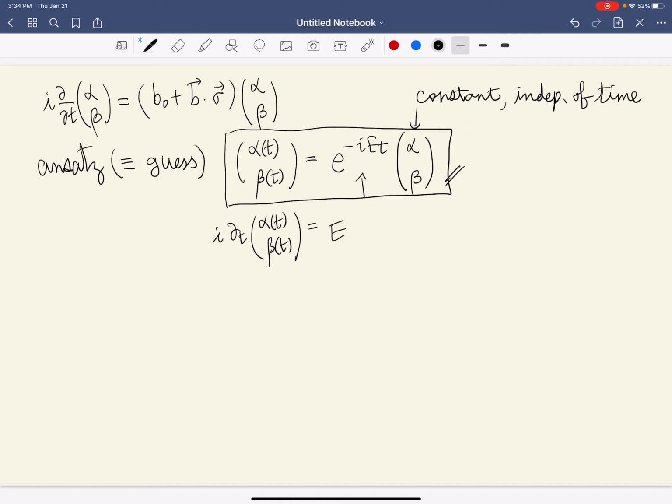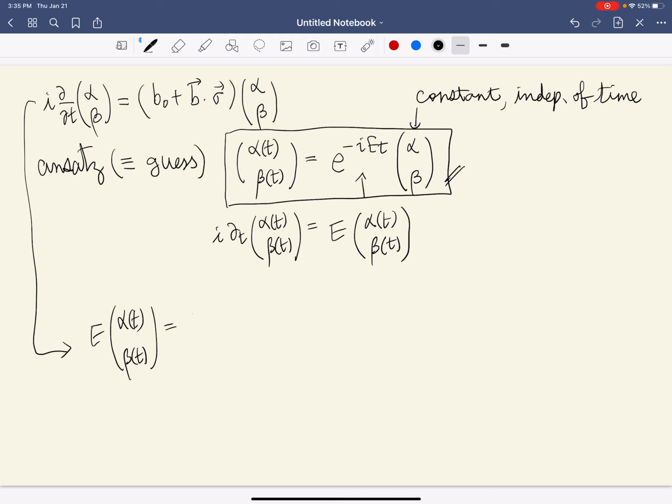When you act on an exponential function with a derivative, you just pull down its exponent, and therefore it becomes just the overall factor times the state vector itself. So that means that I can replace this equation by something that looks actually a lot simpler, b0 plus b dot sigma.